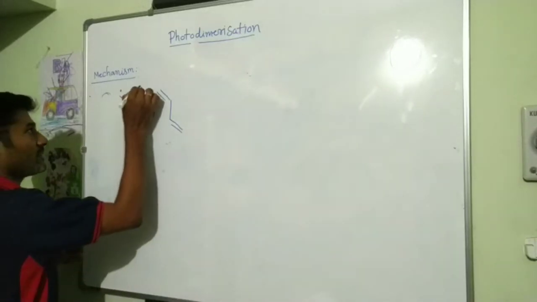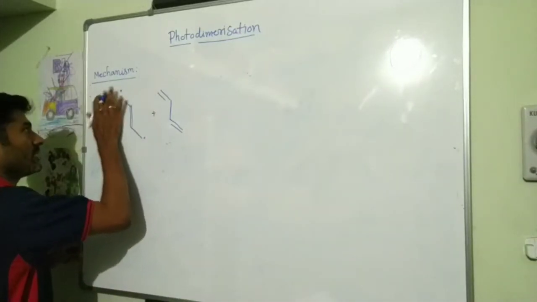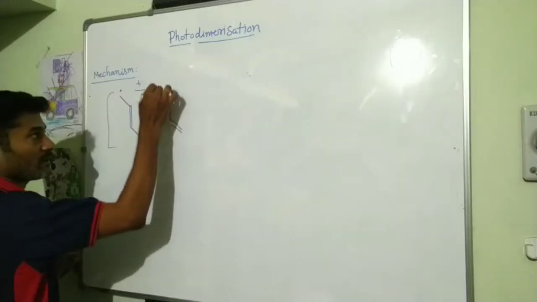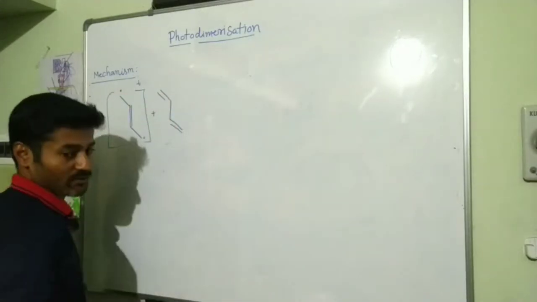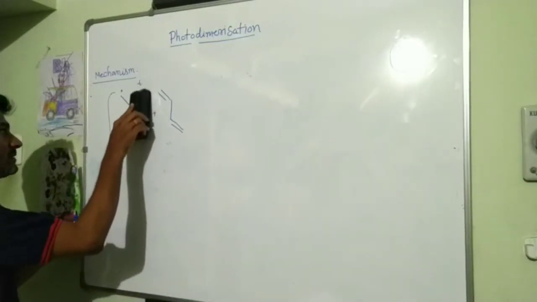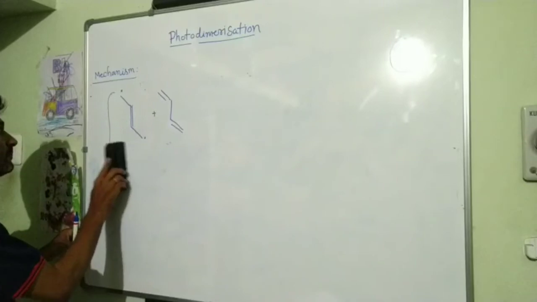So this will be there in the excited triplet state, and this will be there in the ground state. To draw the mechanism, I'll erase it for my convenience.